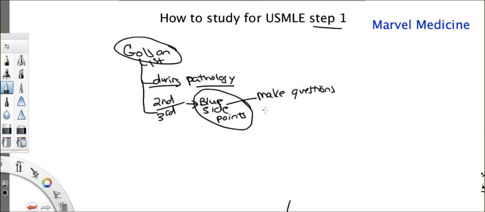Because that way, if there's a question on, let's say, carbon monoxide poisoning, and you read about it in Goljan, etc., make a question out of it. You'll see me doing that during my lectures as well, making questions as you go along. That way, they can't ask you anything that'll surprise you.